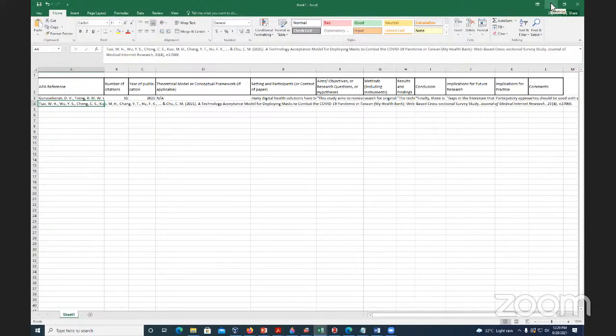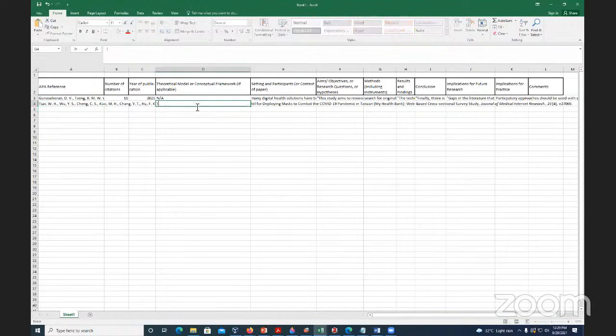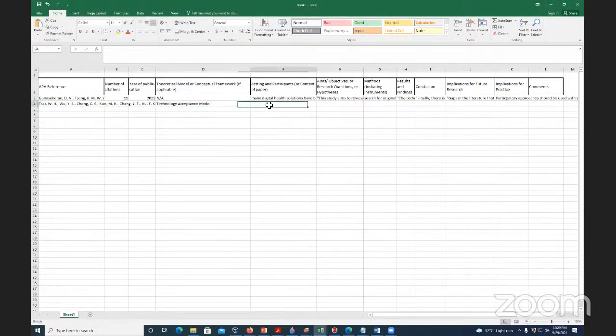So this is the citation there, and we know what the theoretical model is. For that one, it's the technology acceptance model, right? And the setting of this paper was Taiwan.